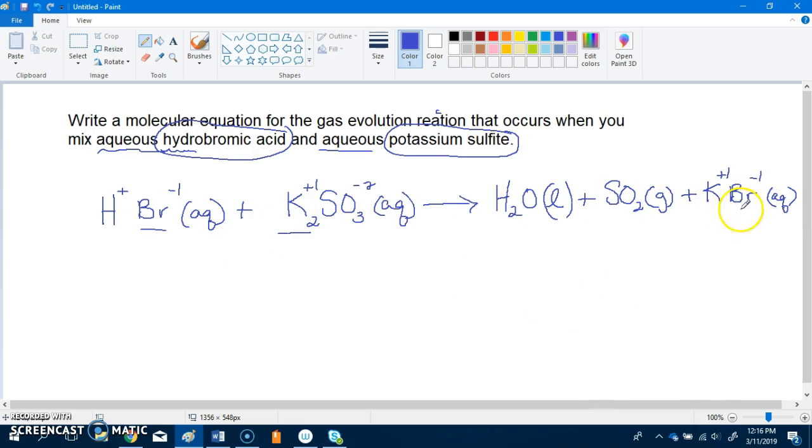So now I have my skeleton equation, and I now need to balance it. Over on my reactant side, I have potassium, I have bromine. I'm going to separate the sulfur and the oxygen because, as you can see, they don't stay together. It goes from SO3 to SO2, so that means I do break them up. And then I have hydrogen, and that's going to be the same over on this side.